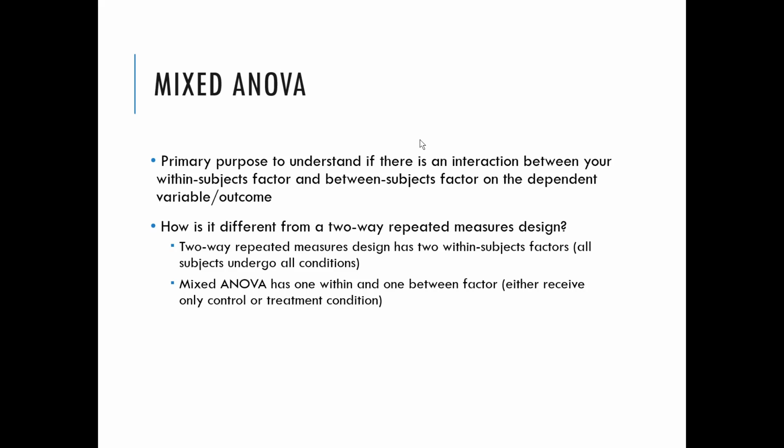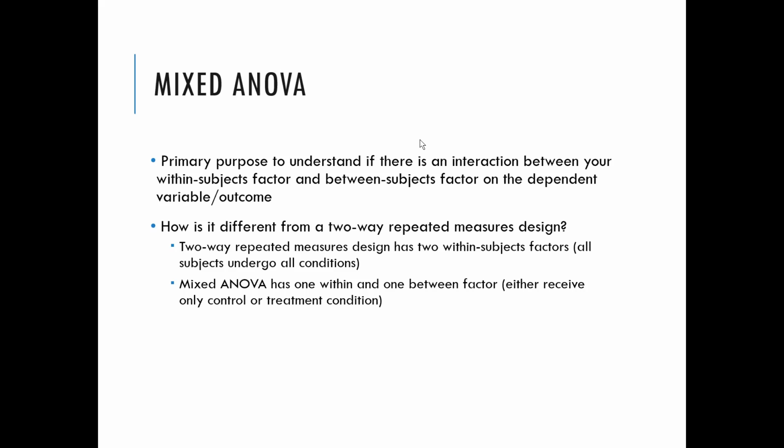So this is different from a two-way repeated measures design, right? The two-way repeated measures design has two within subjects factors. For example, we're measuring individuals over time, before, during, or at the end of an exercise program, and then they're all taking part in an intervention and the control group.